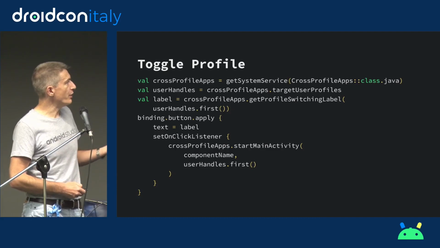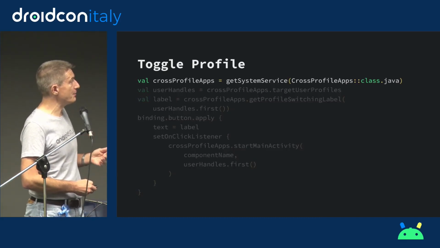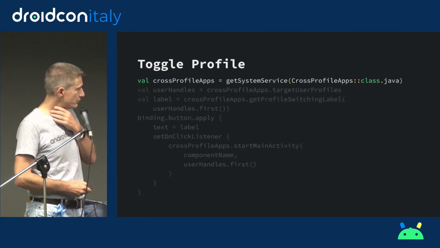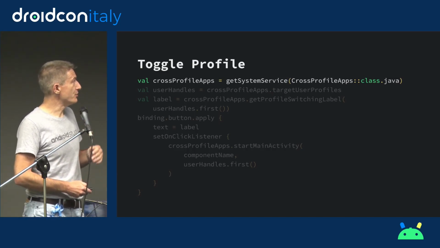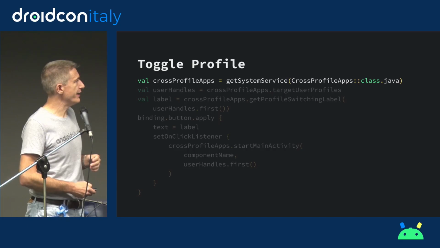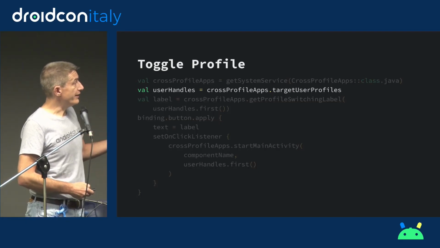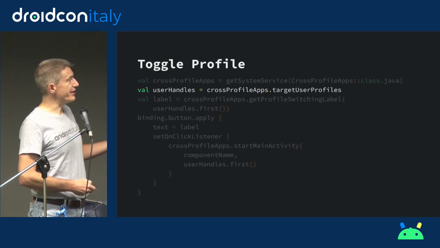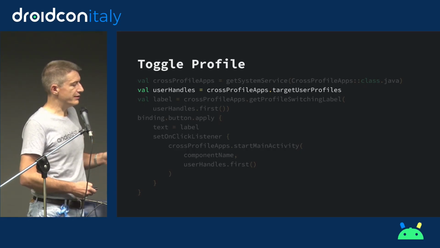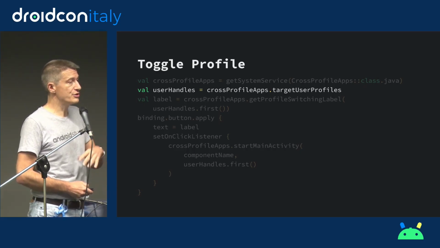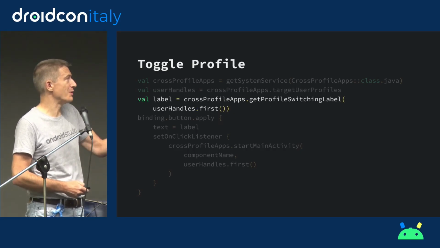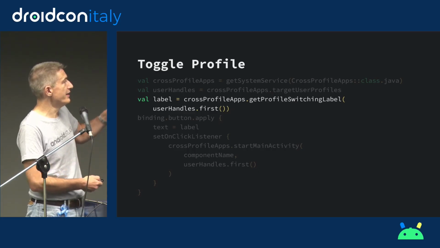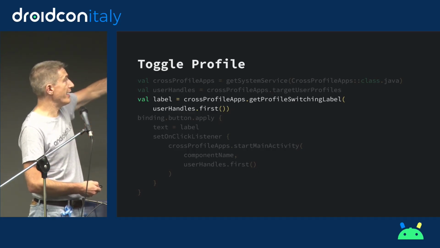This is done with the cross-profile apps service, where you normally get the handle of this service. You get the user handles that practically tell you how many users are on these devices. And the first one is the next one. So it's the one, in this case, I use for the label.